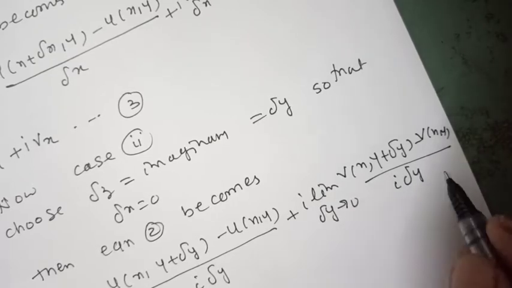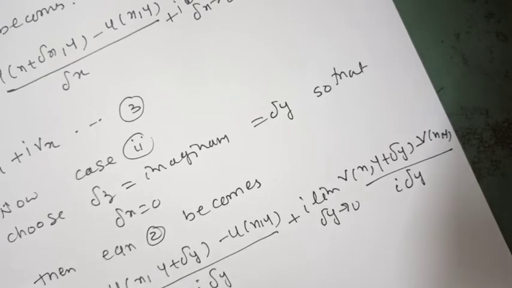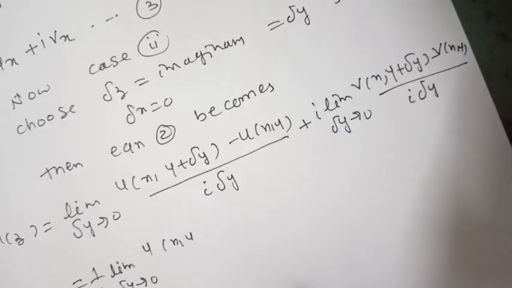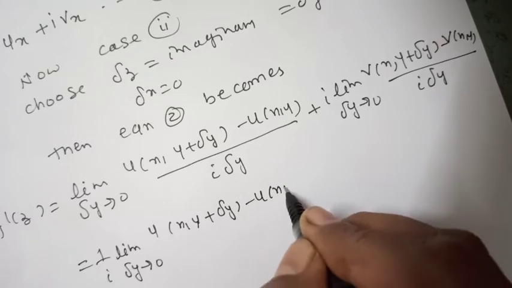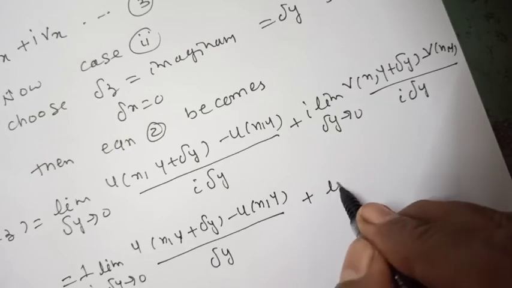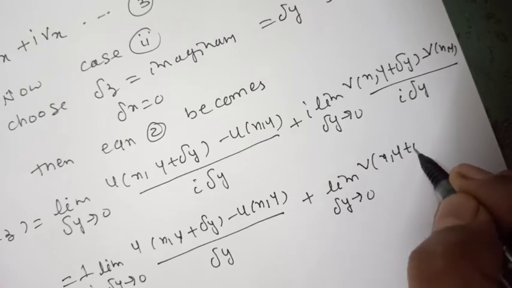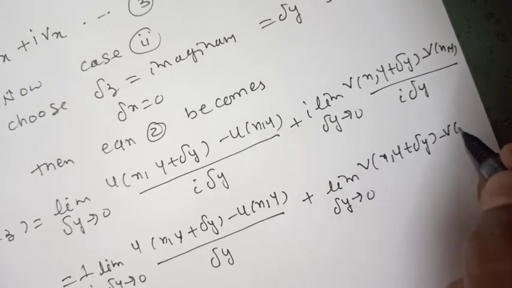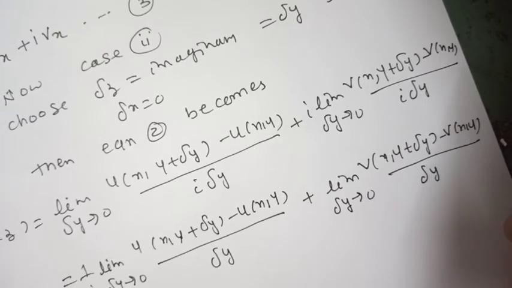Now here the i gets cancelled, that is 1 upon i limit delta y tends to 0 of u of x, y plus delta y minus u of x, y upon delta y plus limit delta y tends to 0 of v of x, y plus delta y minus v of x, y upon delta y.